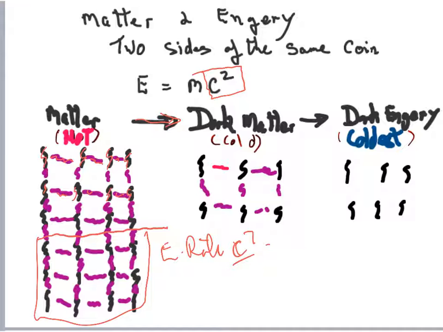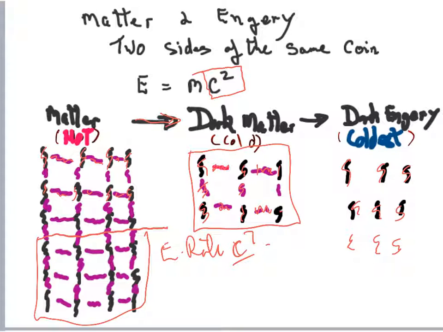And then eventually there are no more of these strings that hold the superstrings together. They are all gone, and basically all you're left with is strings of energy.